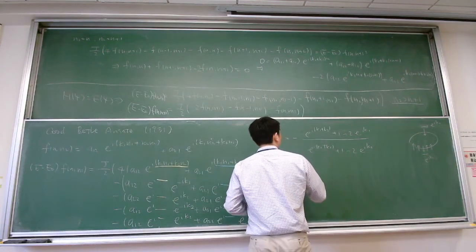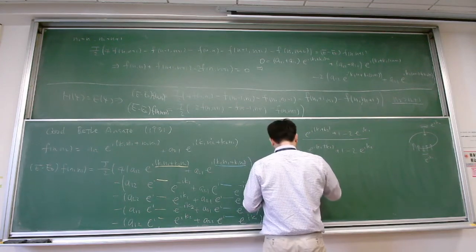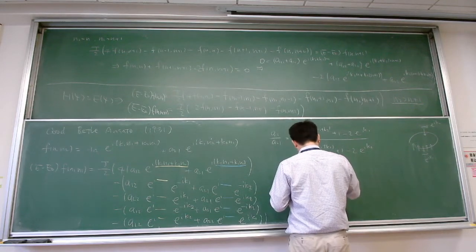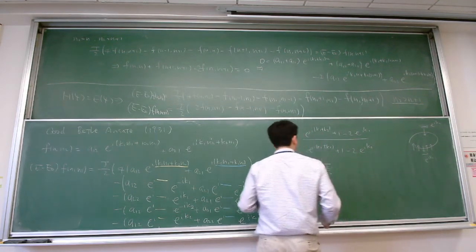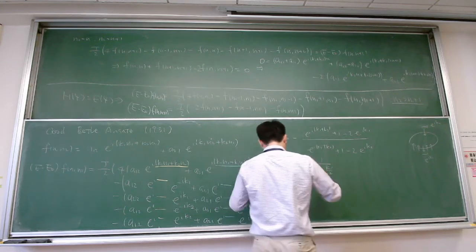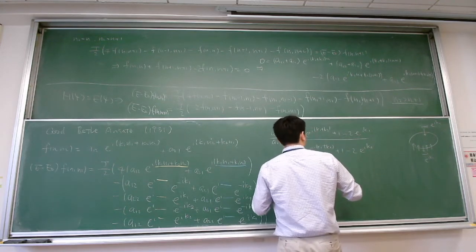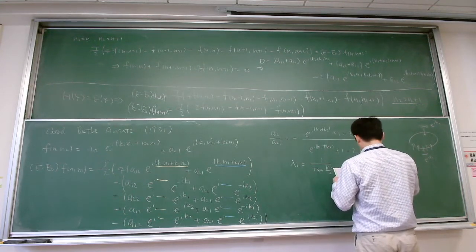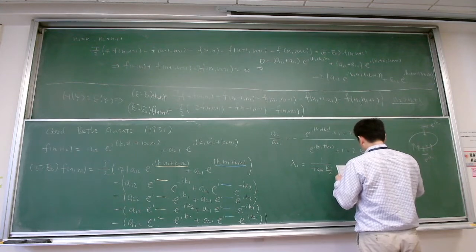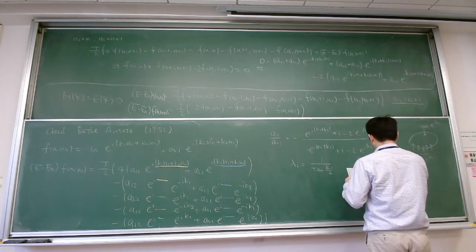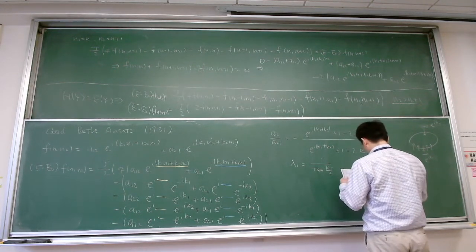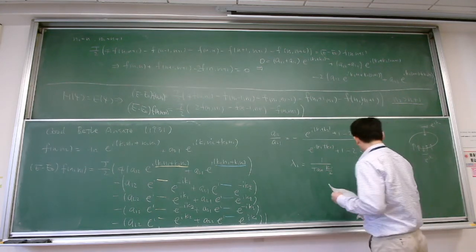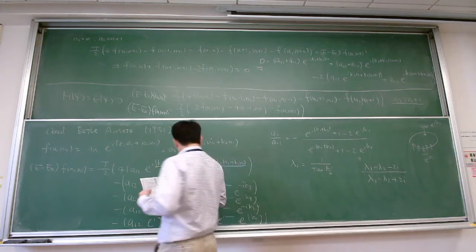And if you write lambda i equal to 1 over tangent of k i over 2, this can be written as lambda 1 minus lambda 2 minus 2i over lambda 1 minus lambda 2 plus 2i, if you use this variable.